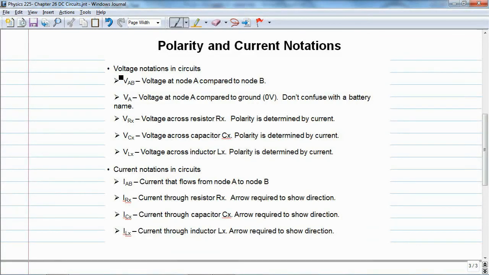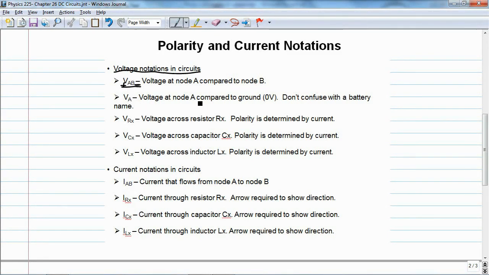So for voltages, if you have a voltage with two subscripts, it means the voltage at some node A compared to node B. So if you had your meter, you would look on the schematic, you'd find where node B is, and you'd put the negative of the voltmeter there, and you'd look for where A is, and you'd put the positive there, and that would give you the potential between node A and node B.